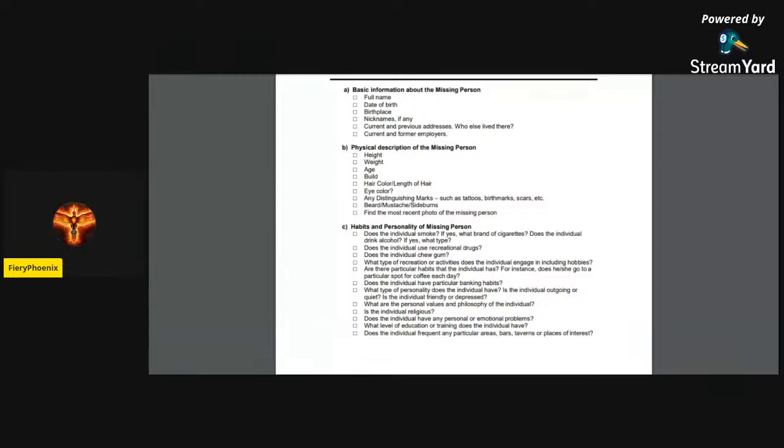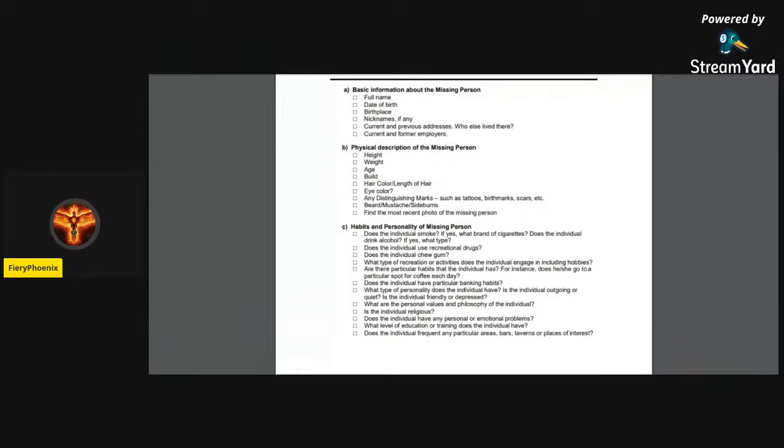What type of personality? Oh, I skipped one. Does the individual have particular banking habits? Now that's a good one. You can almost see if they have a debit card. Oh yeah, it's very detailed.